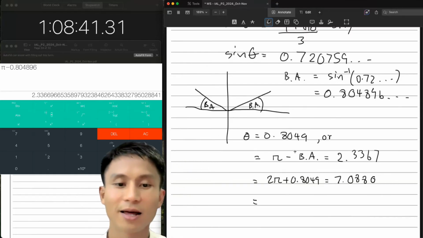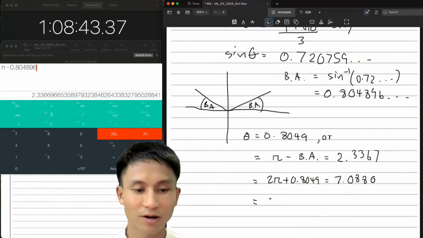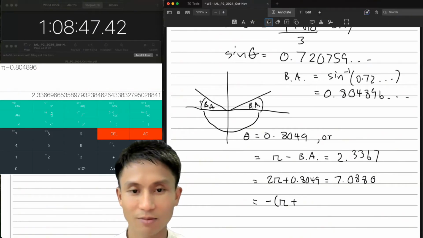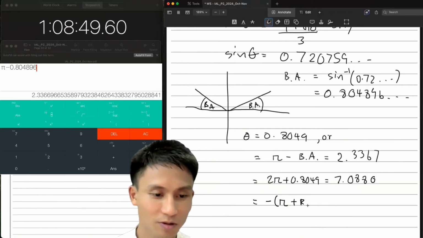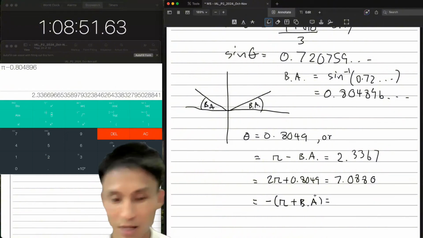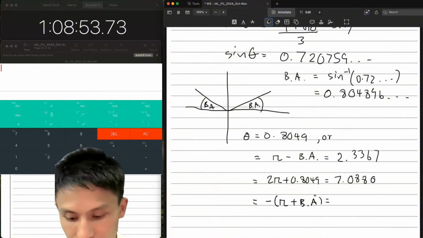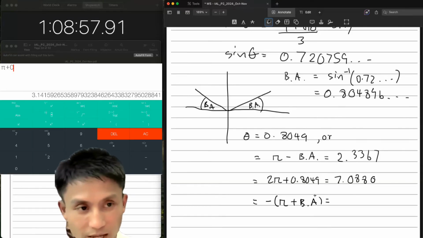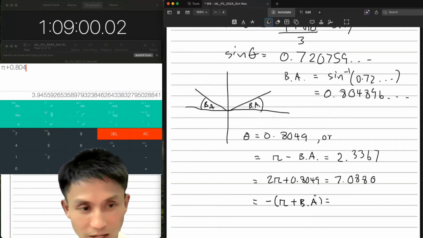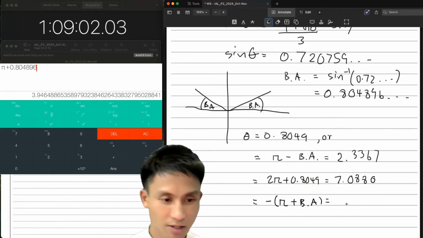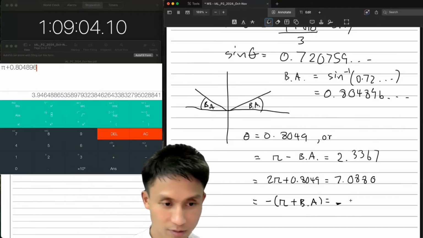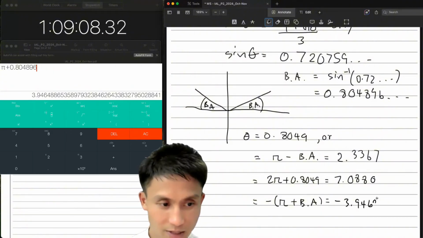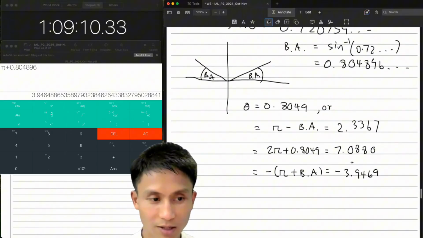So that's negative of pi plus the basic angle. So I'm just going to do pi plus 0.804896. So that's negative 3.9469. Just stop there.